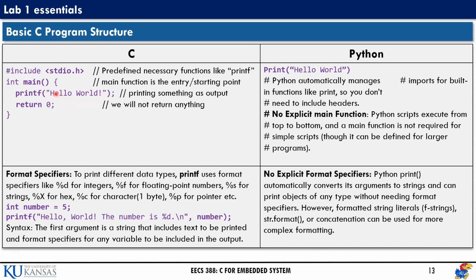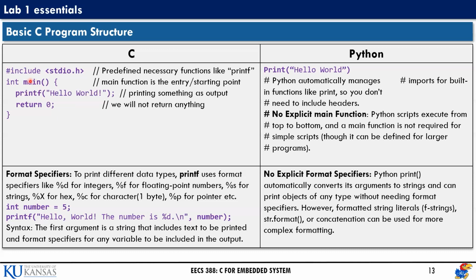Also, in our C program, there will always be a main function, and we have to use this. That's how a C program works. So you can basically say this int main and include library is the basic skeleton of a C program.